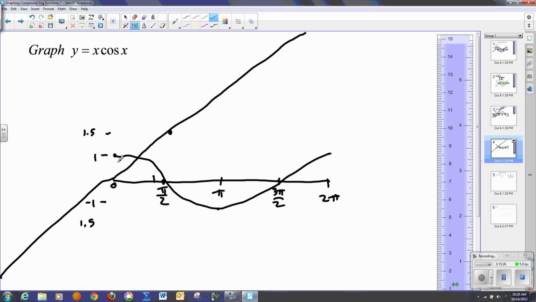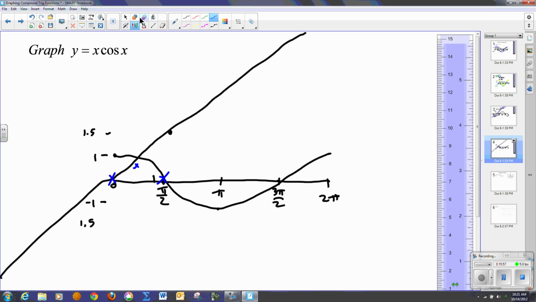Remember, we're multiplying. So I'm multiplying 0 for the linear function and 1, which is 0. Multiply a number a little less than 1 by a number a little less than 1. That's multiplying two fractions less than 1, and I get something even less than that. Multiply 0 by 1.5, and I get 0. Multiply -1 by whatever this value is, and I get the negative of this value. So I look at this distance.